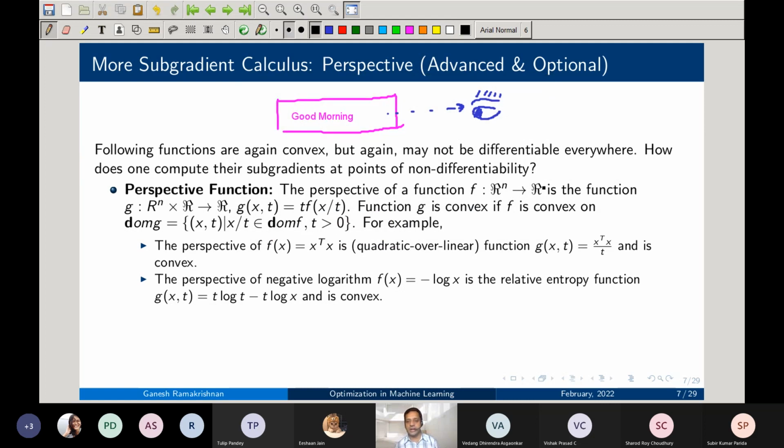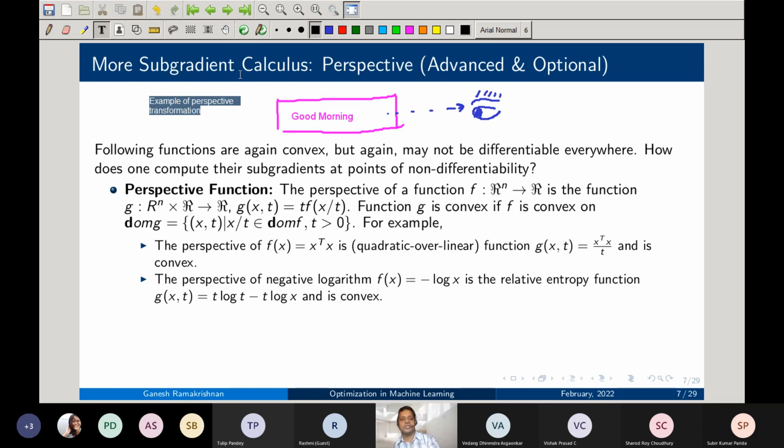Good morning is written here, and I'm seeing it from the side. Now when I see it from the side, obviously all the good morning pixels are basically collapsed into one. That's a perspective transformation. An example of perspective transformation.